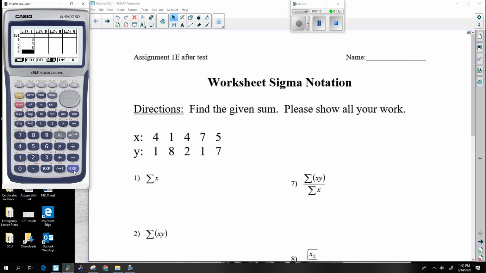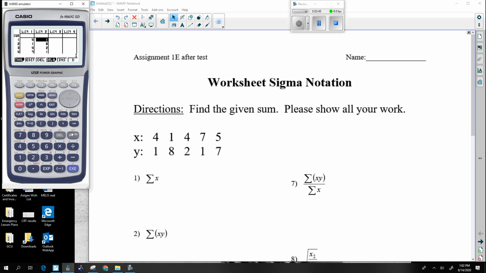Don't add extra numbers. And you have your list of numbers. Now I want to go over to list 2 and do the same process, but for the Y's. Outstanding. So I have my list 1 being X's and list 2 being the Y's.